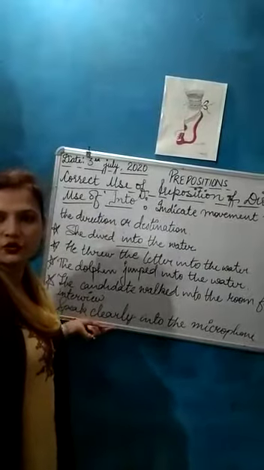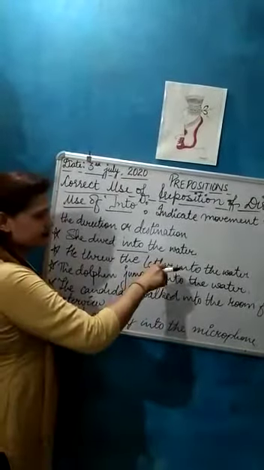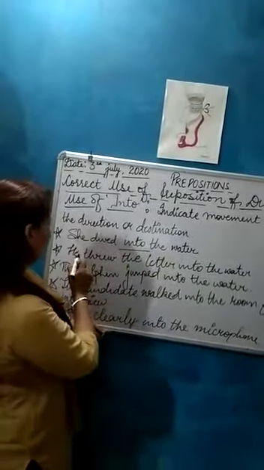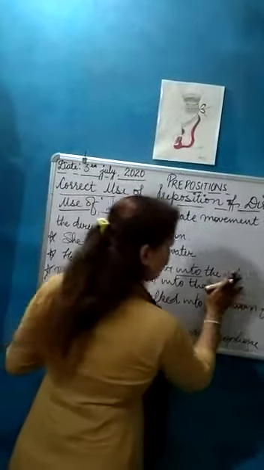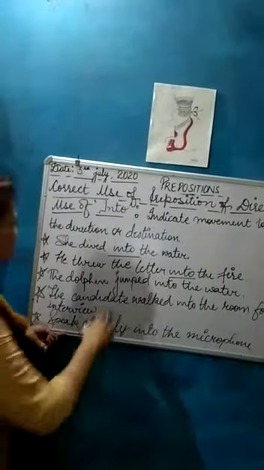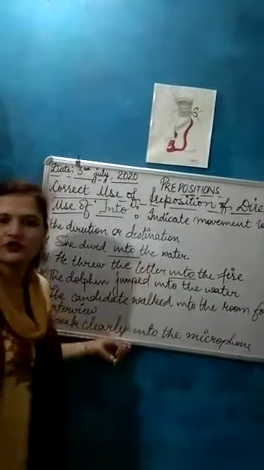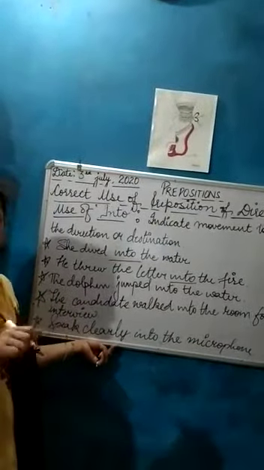Here into is used to indicate a position in or inside the water. He threw the letter into the fire. Here we use into to indicate a position in or inside.